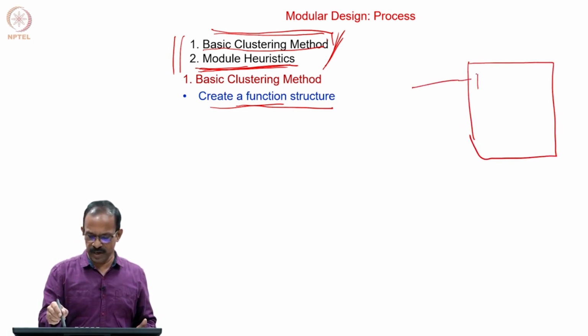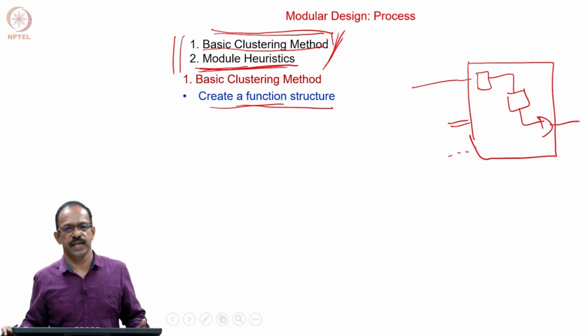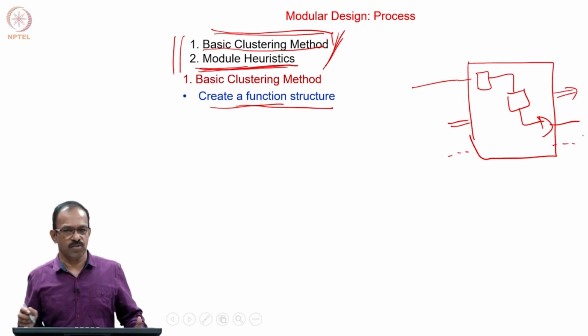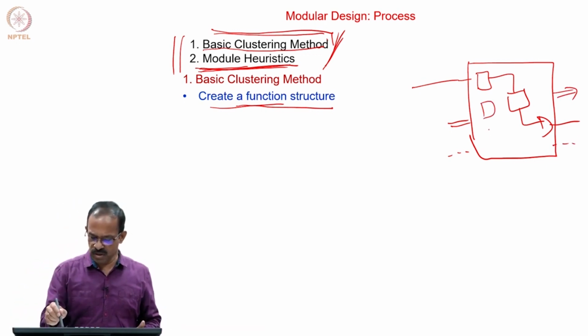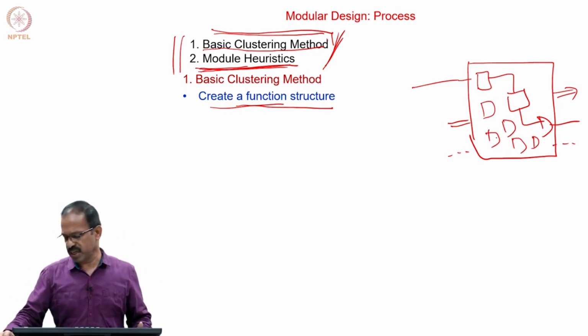Of course, there will be energy, material and signal flows going in, and similarly energy, material and signal flows coming out. Using this, you identify all the functions needed in the product. That is the function structure.